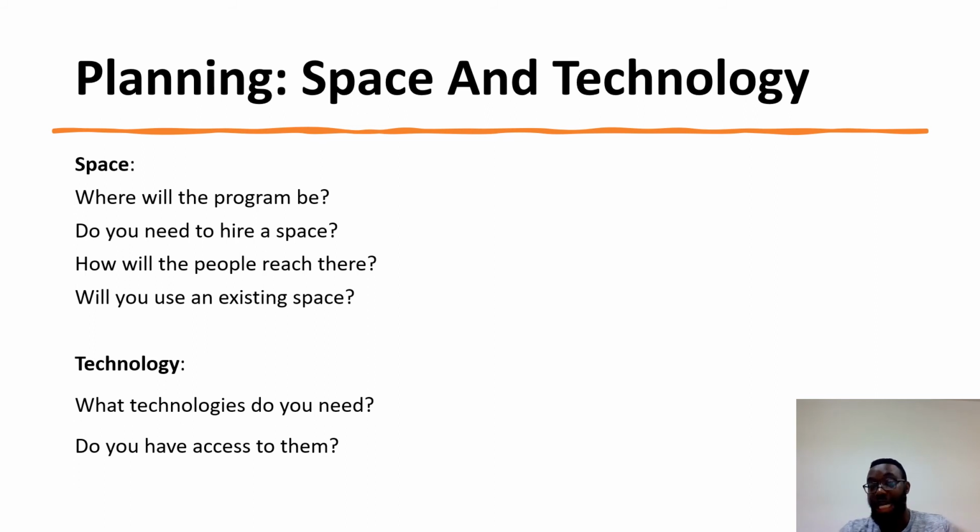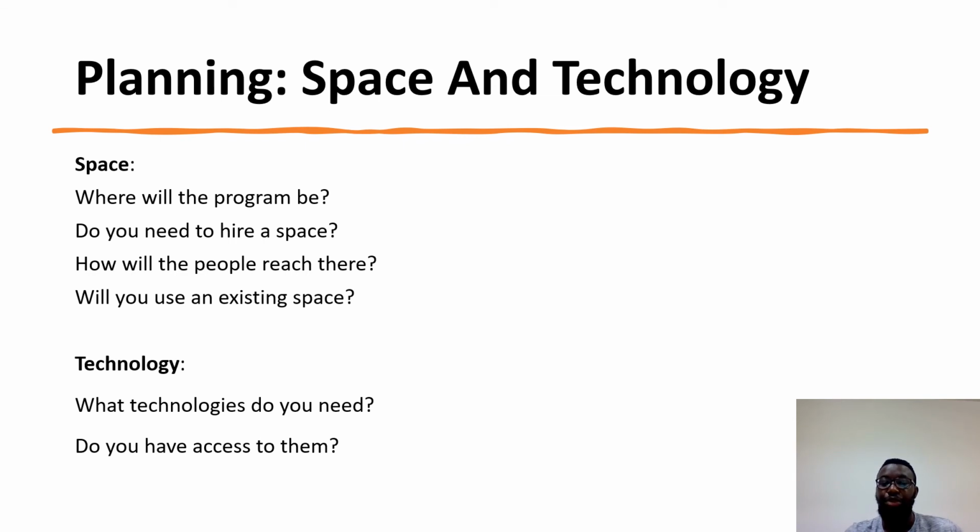Is there going to be a crowd, or is it going to be a recurrent program where people will come in groups? So you think about all that, and you make a decision about the size of space you need, where this space can be, and whether this space is available.